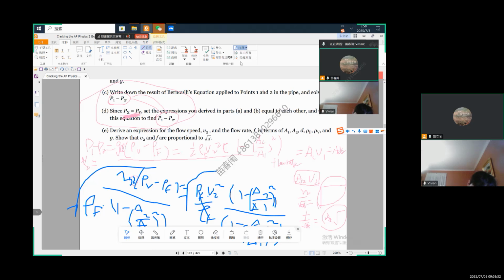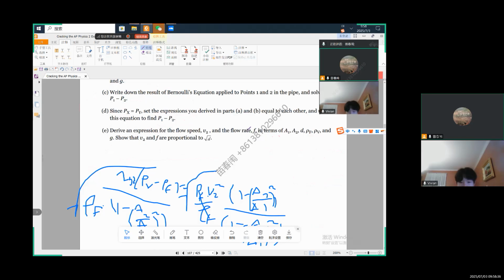Basically, V2 over square root D is a constant, and F over square root D is constant. You can see that square root D appears in here. That's something we're going to learn in the future. Does that make sense now?